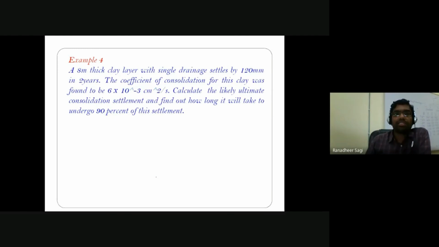Similarly, let's go on to calculate what is asked in the other problem, example 4. What is given here is an 8 meter thick clay layer with single drainage that settles by 120 mm in 2 years. So the height of the clay layer is 8 meters and it is one-way drainage.